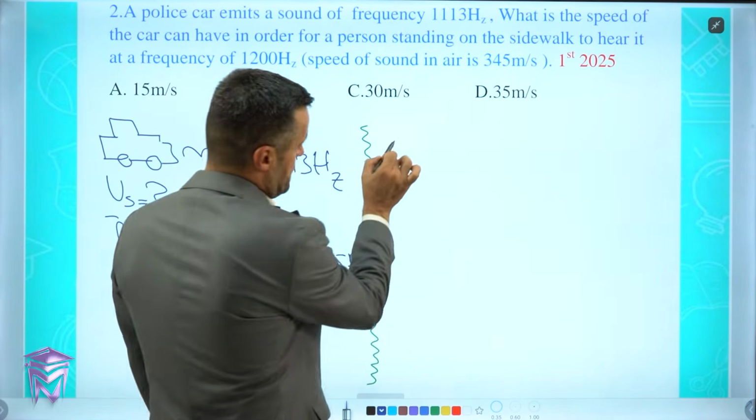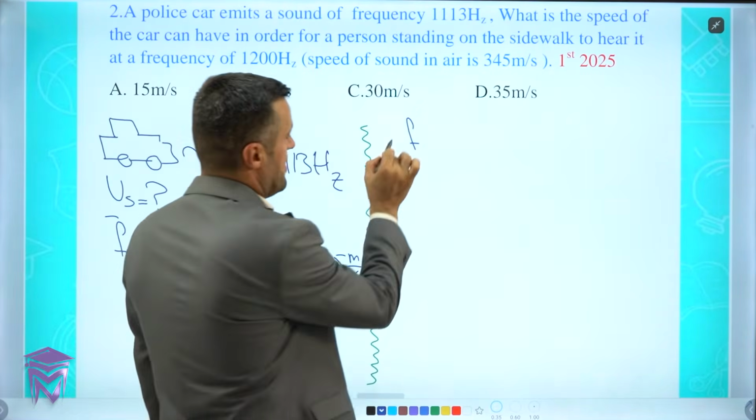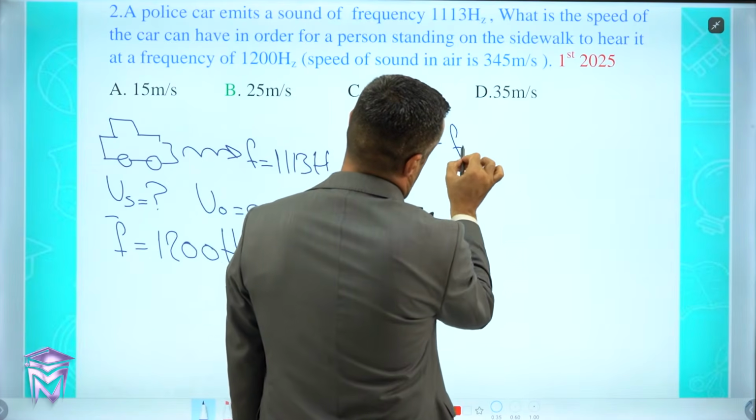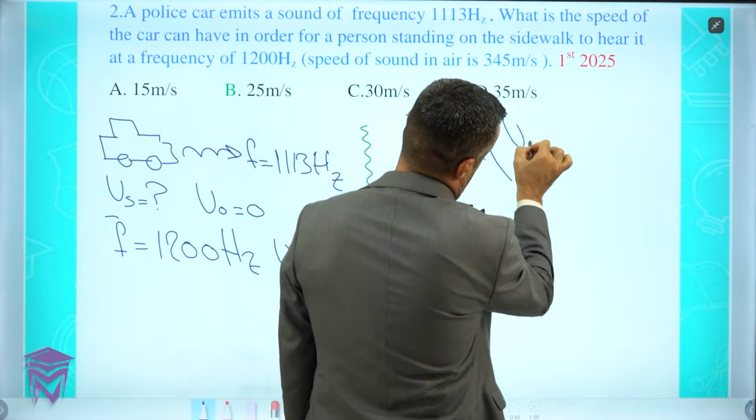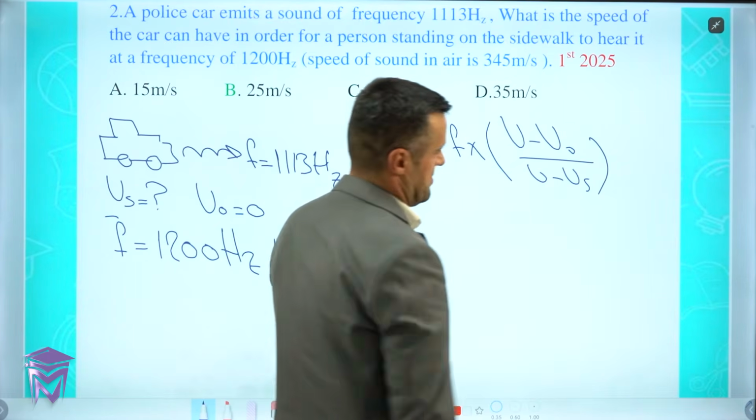At the beginning, we have to write the main rule of the Doppler effect: F dash equals F times (V minus V naught) over (V minus Vs).